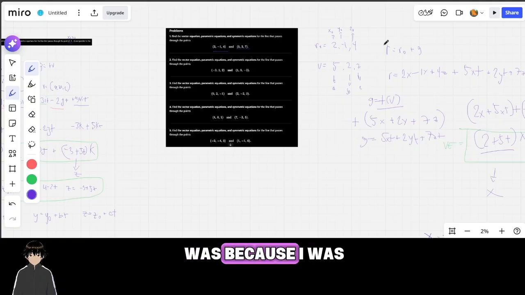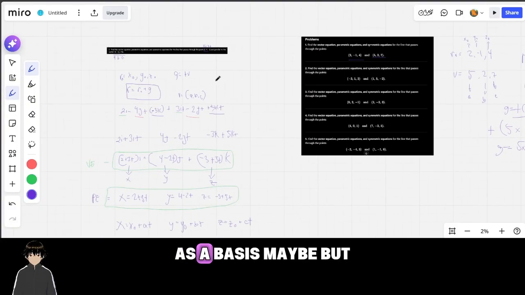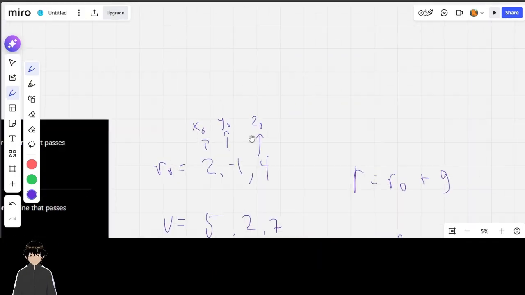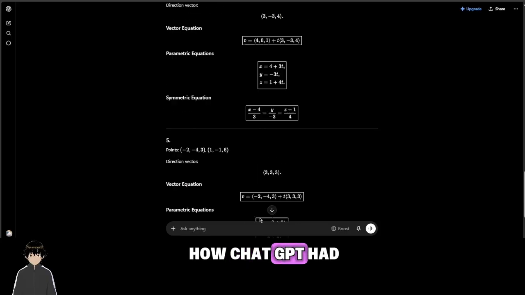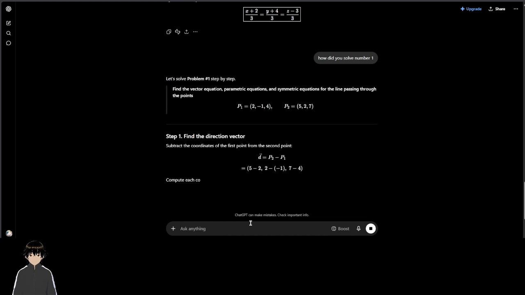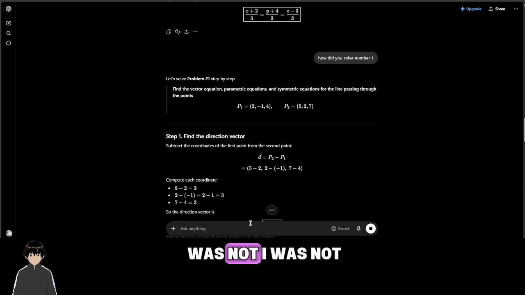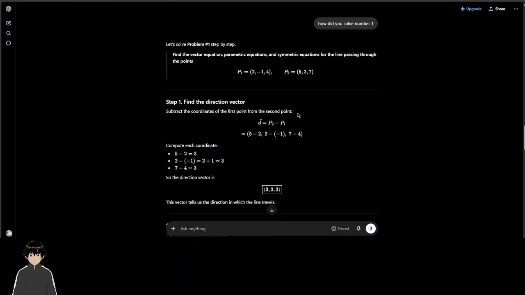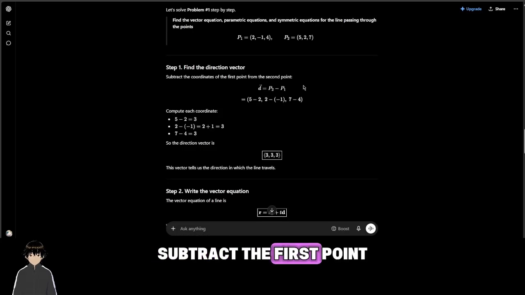I think it was because I was using this as a basis, maybe, but I want to see how ChatGPT had solved it. Oh my God, I was not given pointers on this. Subtract the first point from the second point.